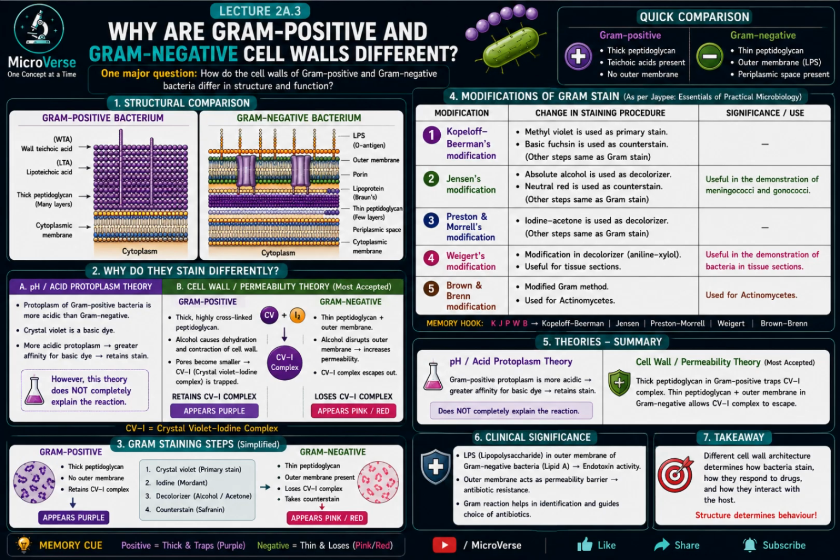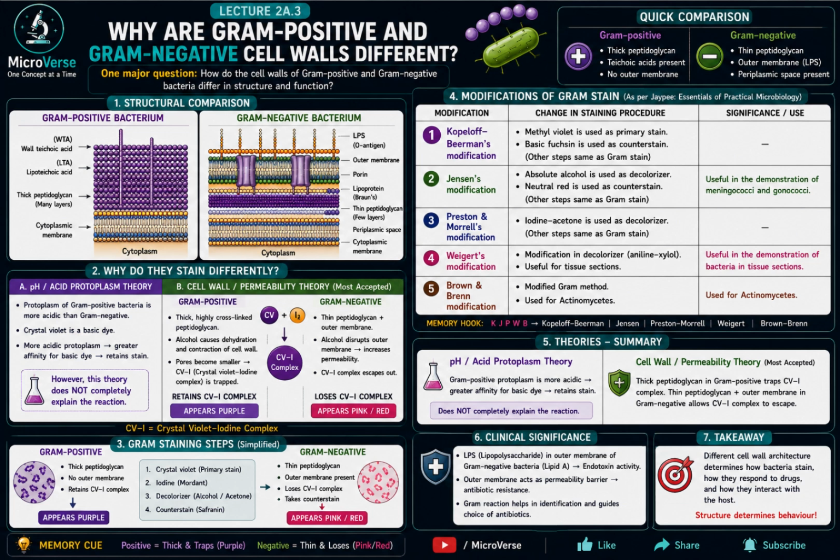So today's question was, why do gram positive and gram negative bacteria stain differently? The answer lies mainly in their different cell envelope structure and permeability during decolorization. Gram positive bacteria have thick peptidoglycan which retains the crystal violet iodine complex and appear purple.